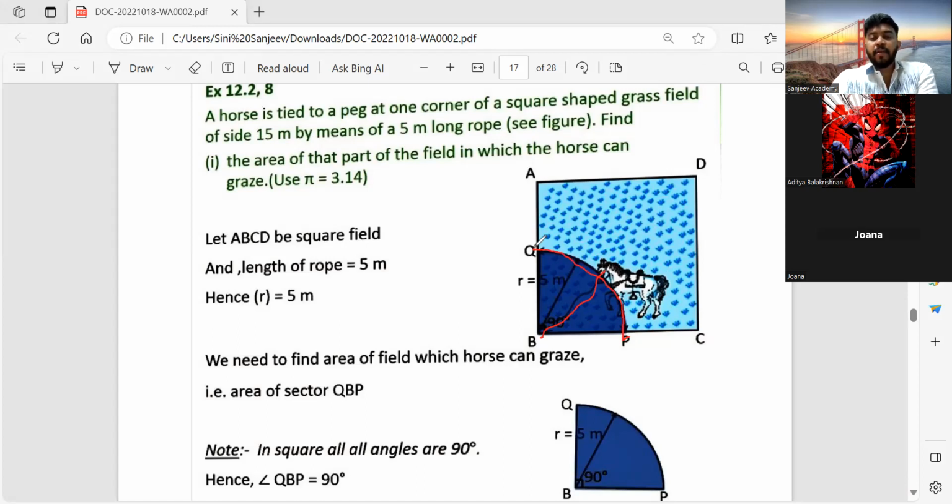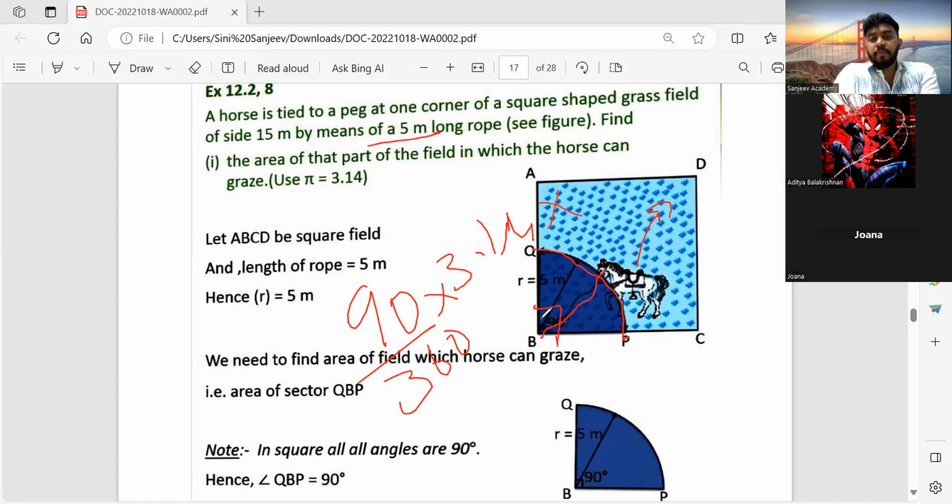If I tie a hose or a cow or a buffalo, it can't go much distance. Can it go here? No, it can only go to a certain area. And this is a square field, so what is theta? 90 degree. So theta by 360 into pi r square. So 90 by 360 into pi, 3.14, into radius. Radius is how much?